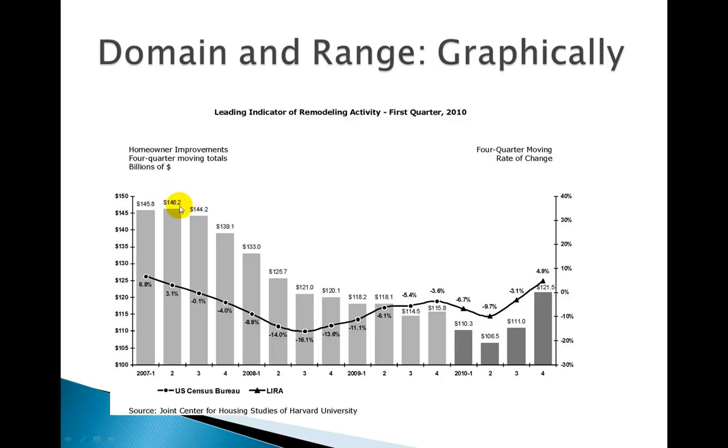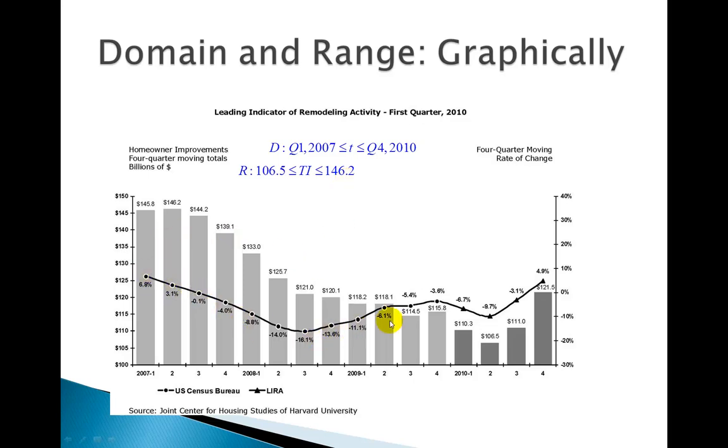So if we're looking for range on a graph, we're looking at the lowest Y value and the highest Y value in order to determine our range. So our domain is the quarters. Our range then would be 106.5 all the way to 146.2.